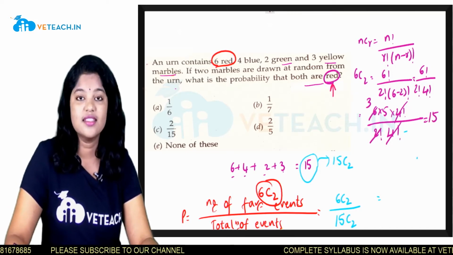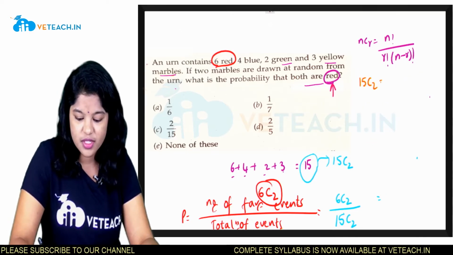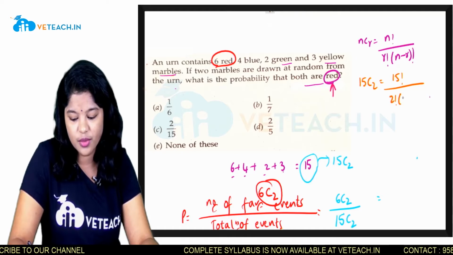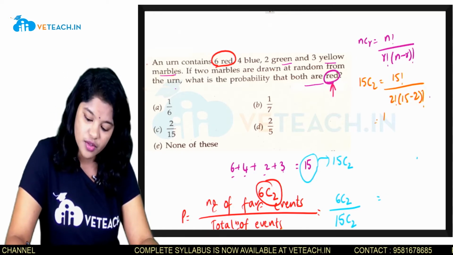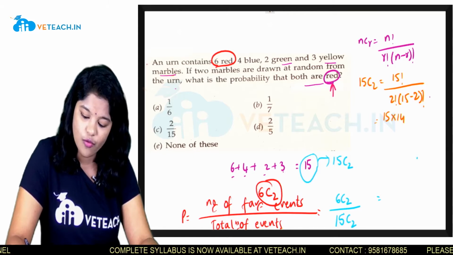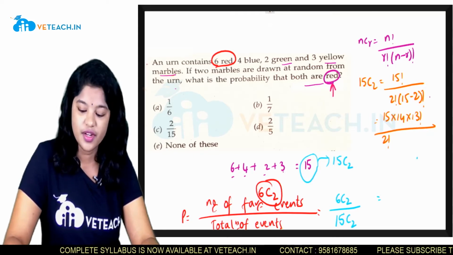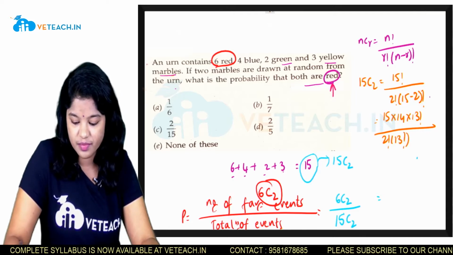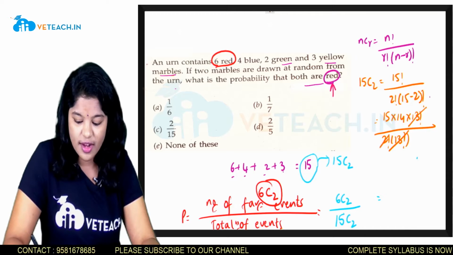Now let us calculate in a similar way 15C2. So 15C2 is equal to 15 factorial by 2 factorial into 15 minus 2 factorial. This 15 factorial I am writing as 15 into 14 into 13 factorial divided by 2 factorial into 15 minus 2, that is 13 factorial. Now this 13 factorial gets cancelled. 2 factorial is 2.